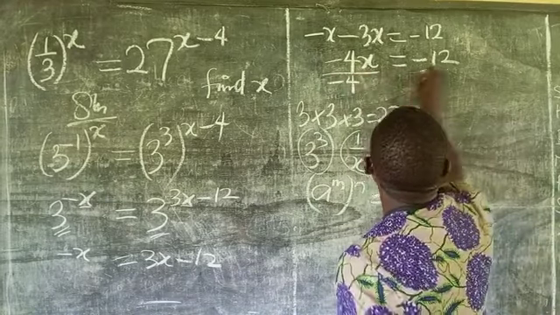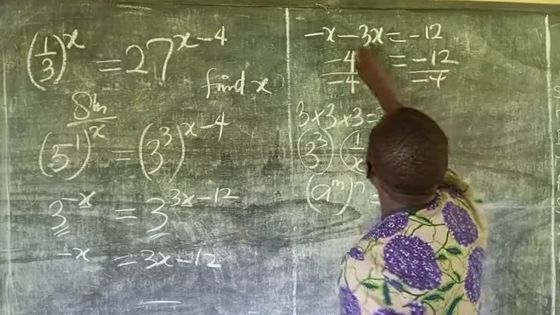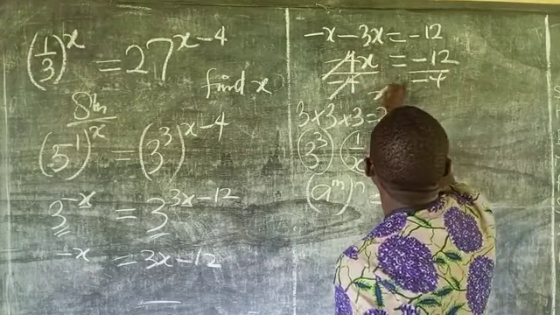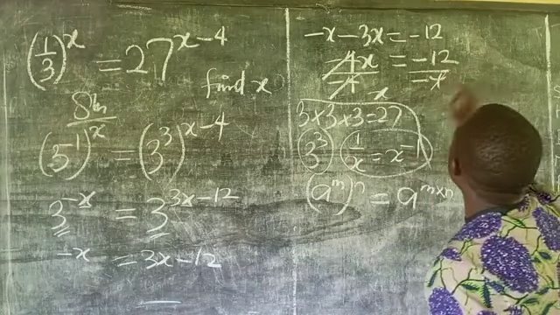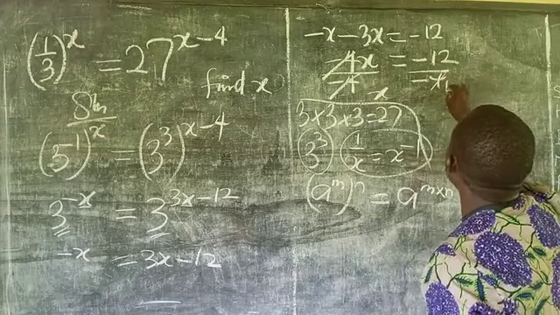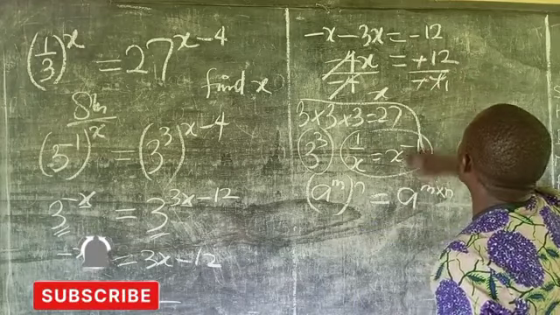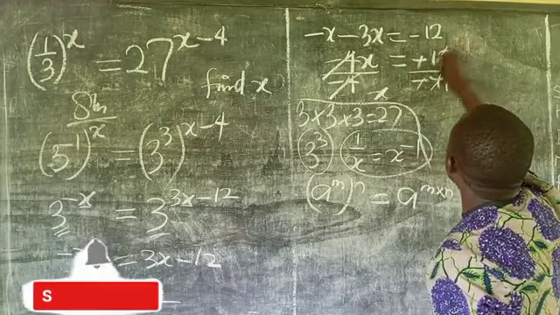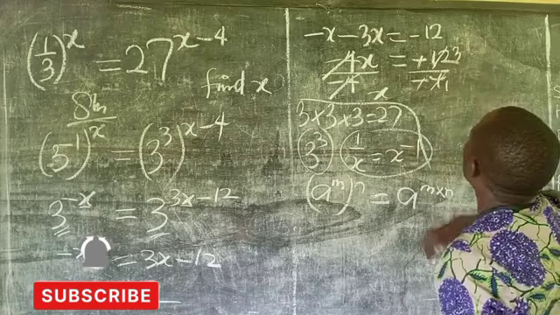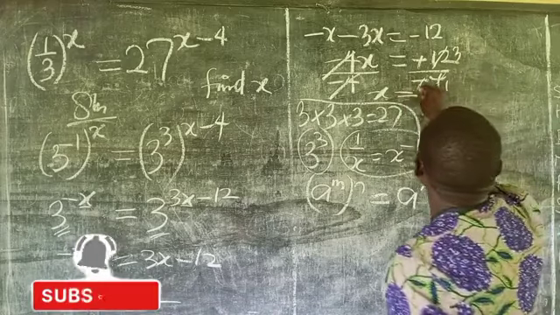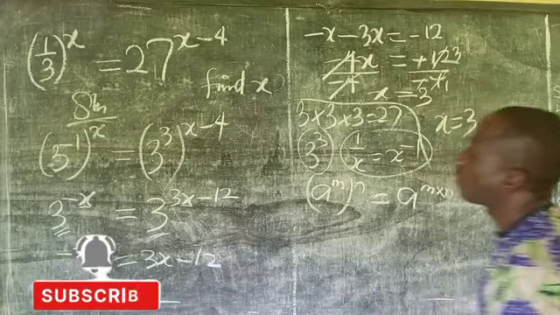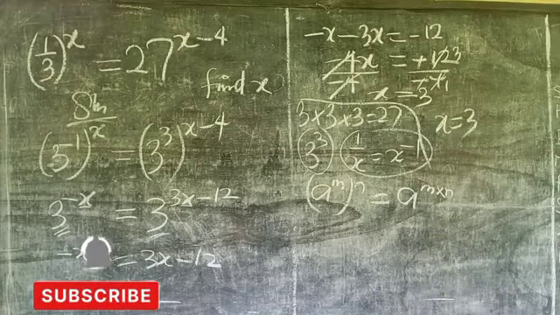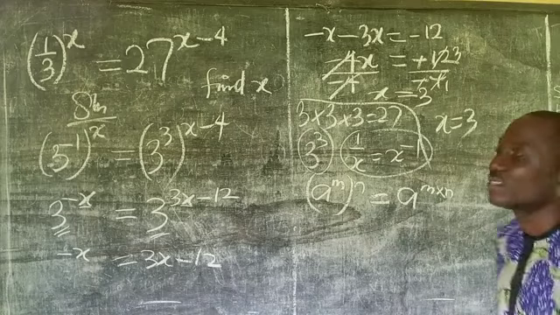Minus 4 cancels minus 4, leaving x. And 4 into 12 is 3, the minus cancels off. So x is equal to 3, and that is our answer.